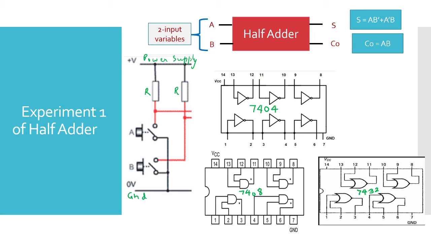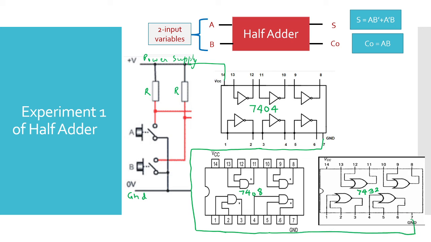So how will you connect the circuit? Each IC has VCC and ground. You will connect the VCC with the power supply, and pin 7 of the hex inverter you will connect with the ground. You will do this for each IC, connecting VCC and ground with wires.